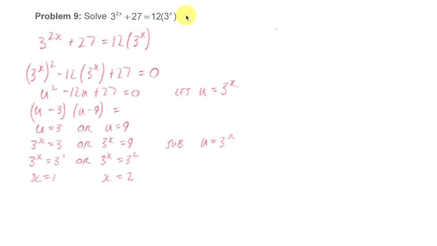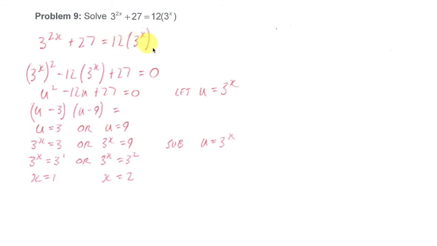Question 9 here looks really complicated. It's not too bad. I'm going to make use of index laws and also the ability to solve quadratics. So the key to it is that I've got 12 lots of this 3 to the x here. It's similar to 3 to the power of 2x, so base 3 to the power of something.